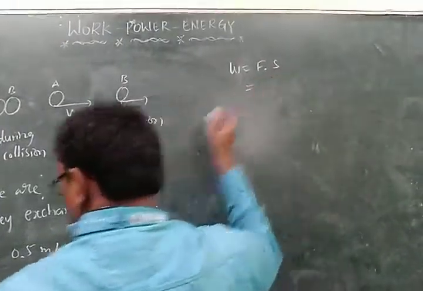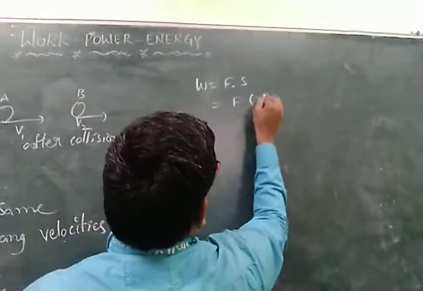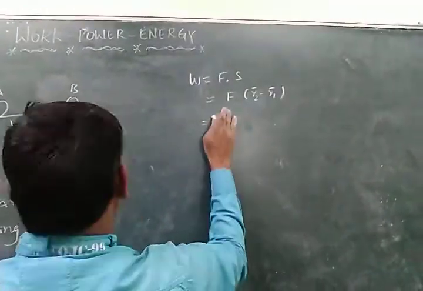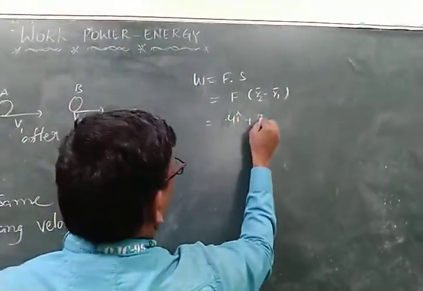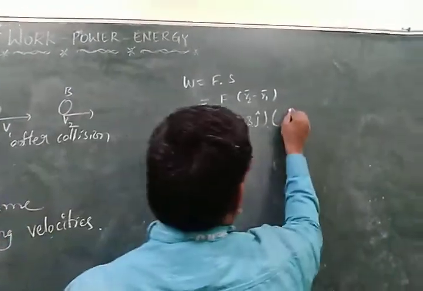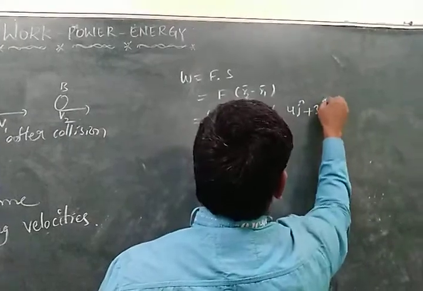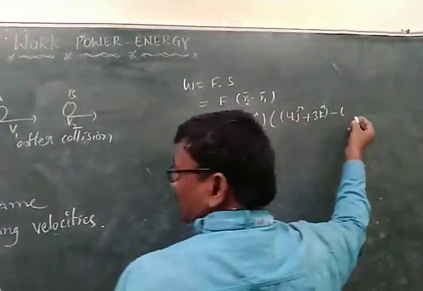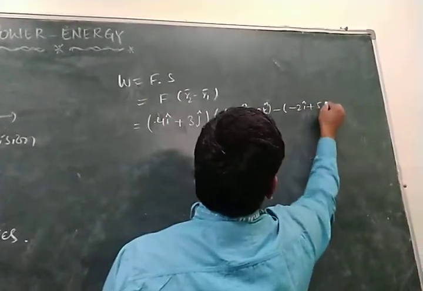The displacement is nothing but the change in position, so W is equal to F dot (r2 bar minus r1 bar). F is given here as 4i cap plus 3j cap, dotted with r2, which is 4j cap plus 3k cap, minus (minus 2i cap plus 5j cap).